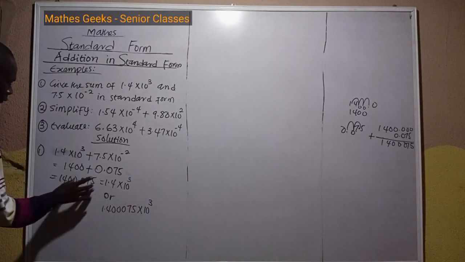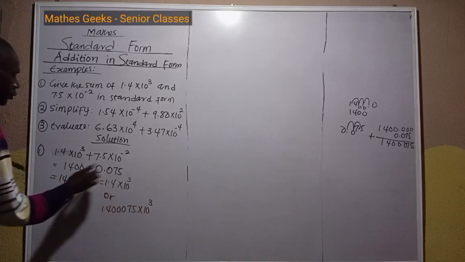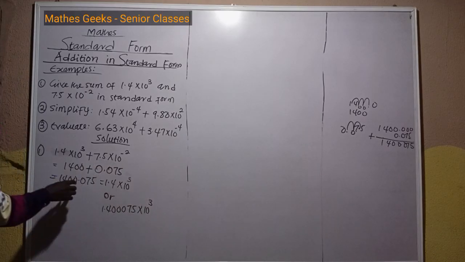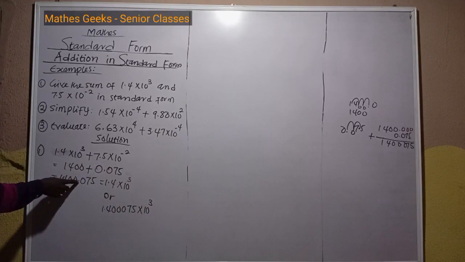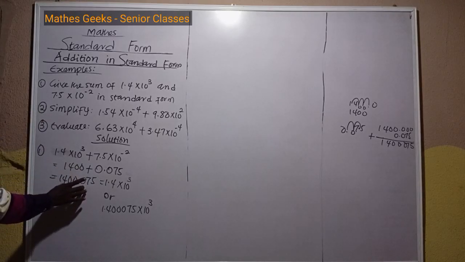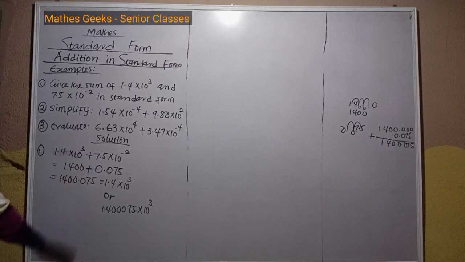Now, including all the figures doesn't mean the power will change. The power is 10 raised to power 3 because the decimal point was moved only 3 times. And these zeros are still significant because they are among significant figures.